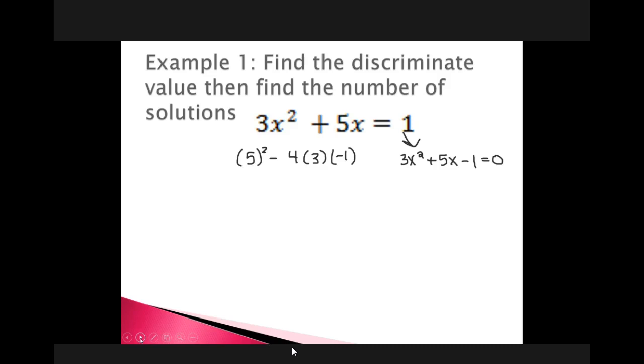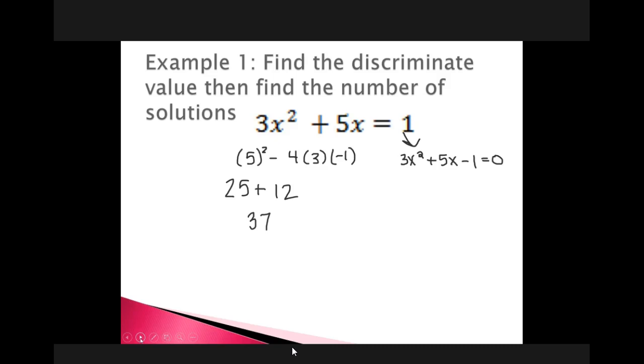So I get 25 minus, but this is a negative times a negative, so it's going to turn to a positive, 4 times 3 times 1, which is 12. So I get 37. 37 is a positive real number.